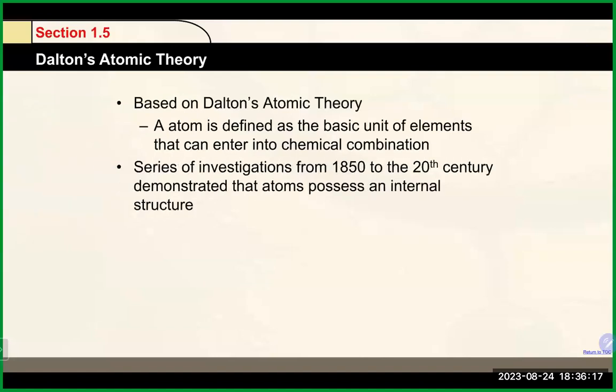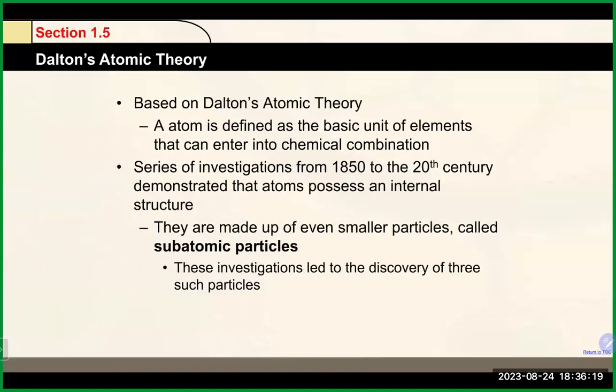So based on Dalton's atomic theory, there were several things thought about in terms of the atom, and a lot of investigation happened between the 1850s and the 20th century. Although it was known that atoms are really small, they were found to contain an internal structure, even smaller particles, sometimes referred to as subatomic particles.